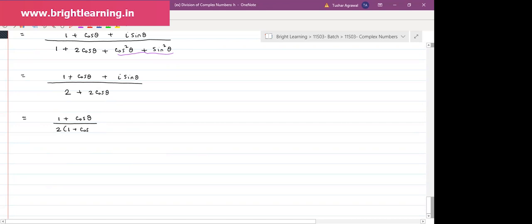This is 2 times 1 plus cos theta, and this is i times sine theta upon 2 times 1 plus cos theta. So the real part of the final answer is half and the imaginary part is sine theta upon 2 times 1 plus cos theta.